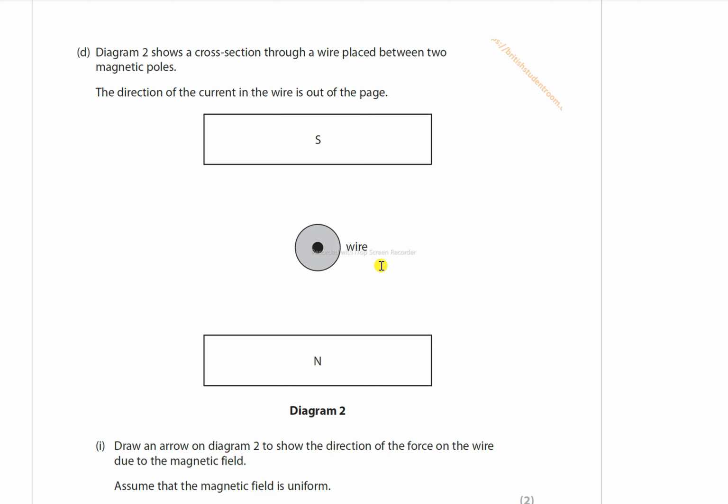Assume that the magnetic field is to the right. So it's going to be in that direction.